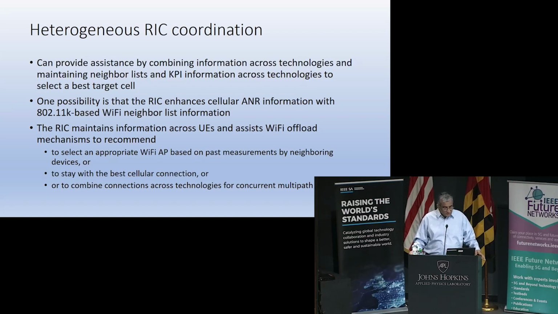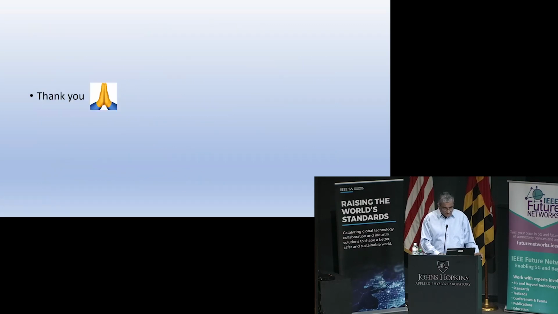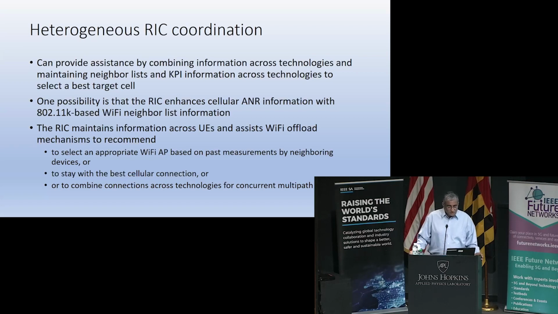So that could combine and enhance the performance by combining bandwidth across technologies. So, that's what I had. So I was thinking that maybe we could explore some kind of proposal to do this kind of work and potentially standardize it as well.